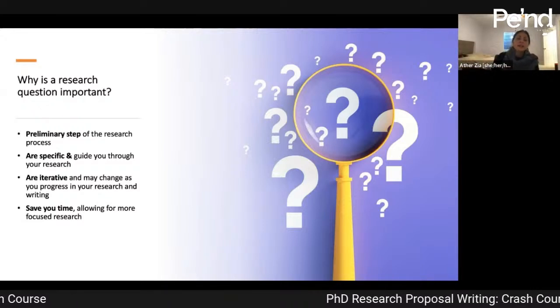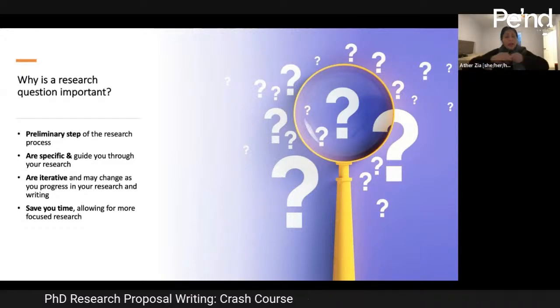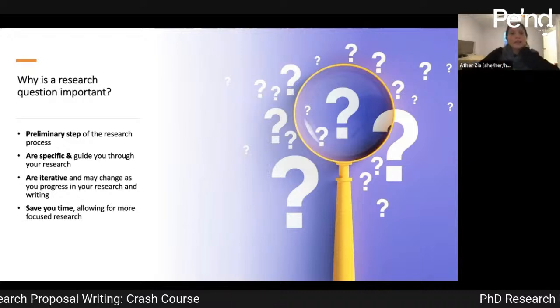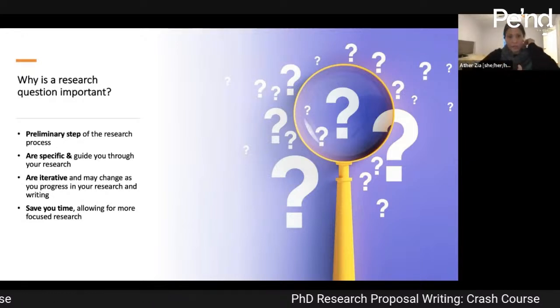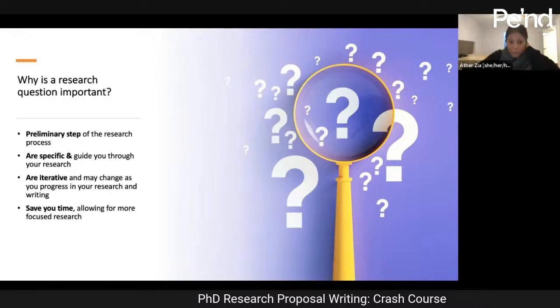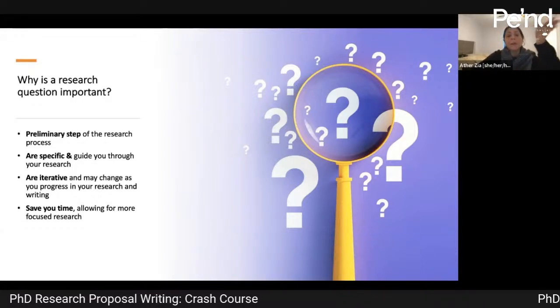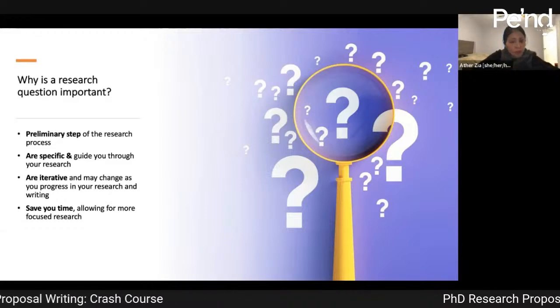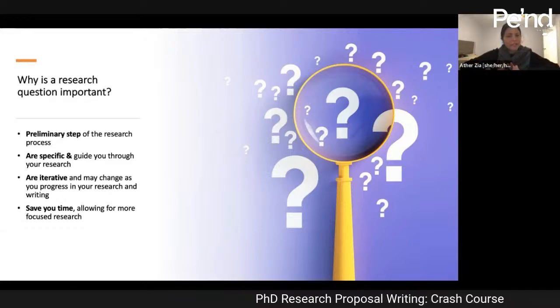And as I said earlier, they are iterative and they may change as your research progresses and as you're writing. And that's not a bad thing. Maybe your central question will never change, but sometimes that also changes. So be kind to yourself. Once you write them down, the moment you start doing your proposal, treat them as very tentative.